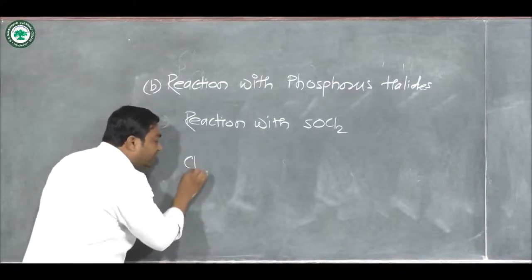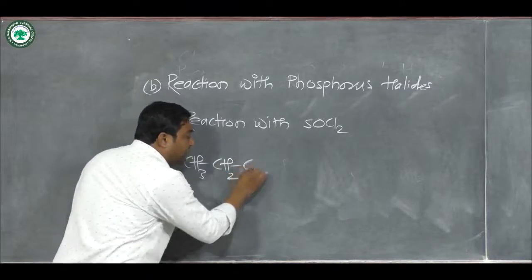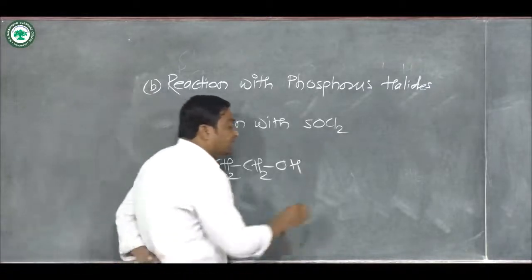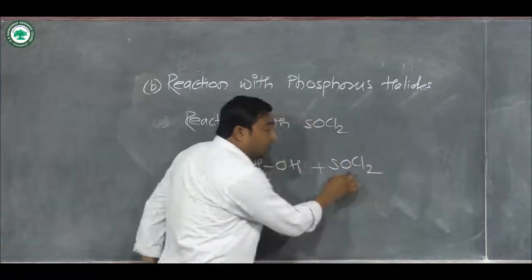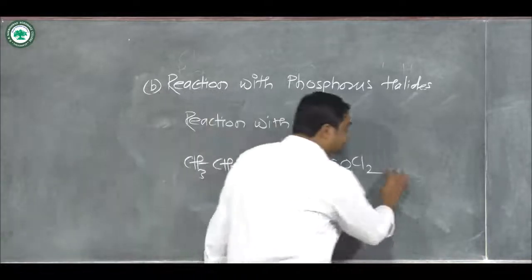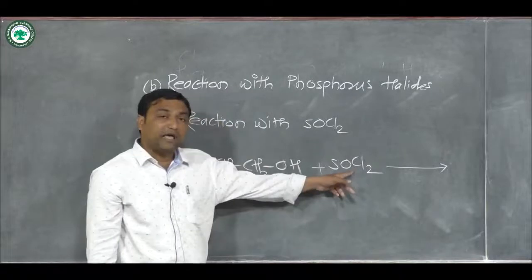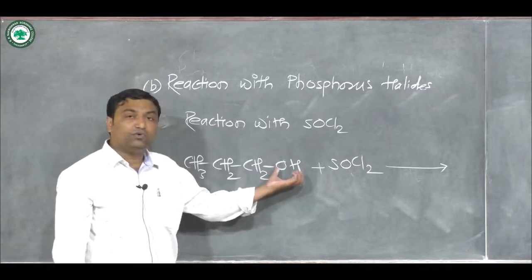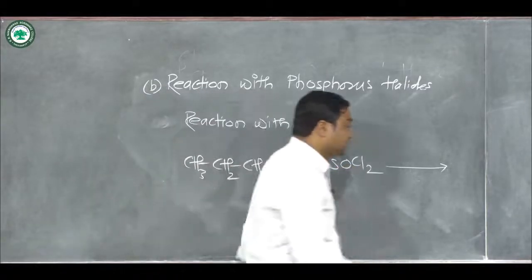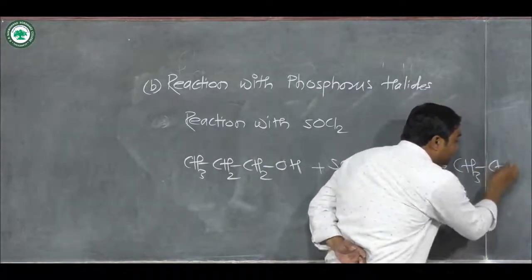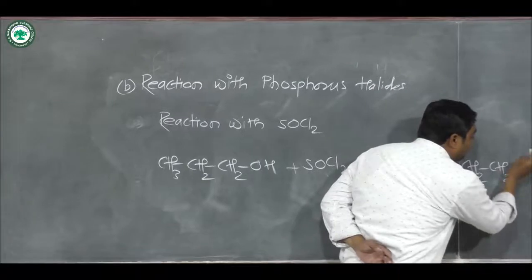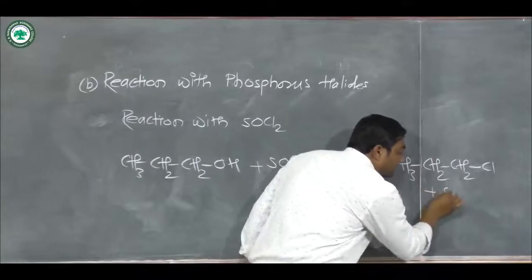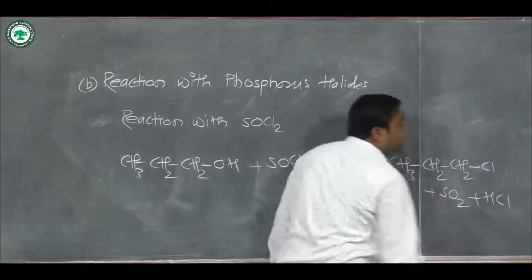When this n-propyl alcohol is treated with SOCl2, that is thionyl chloride, this thionyl chloride, being the chlorinating agent, will replace the OH group by the Cl atom, and our product will be n-propyl chloride with the liberation of sulfur dioxide and HCl.